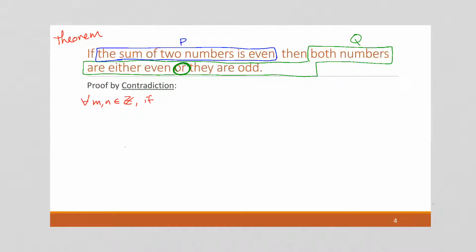I'm going to say if m plus n is even, now here I have a choice. I could stick with the or as is written in the Q up here at the top.